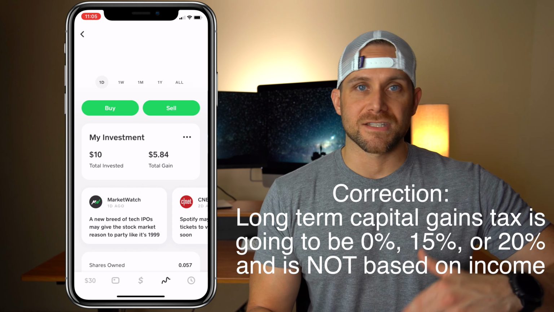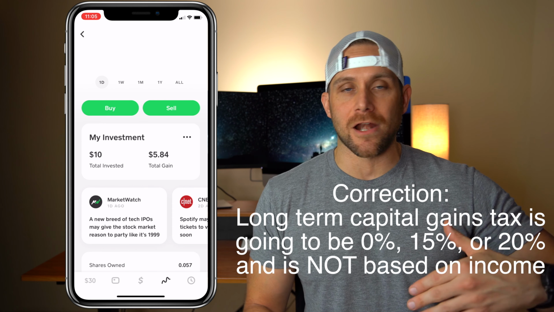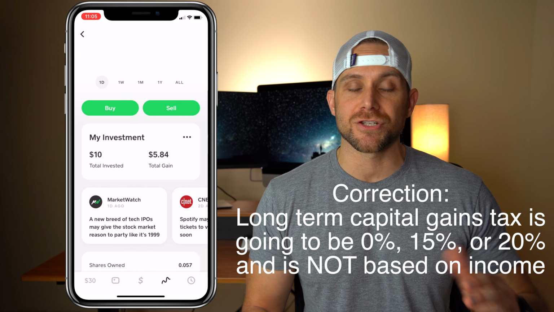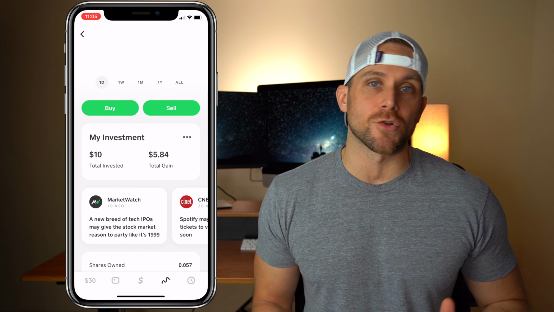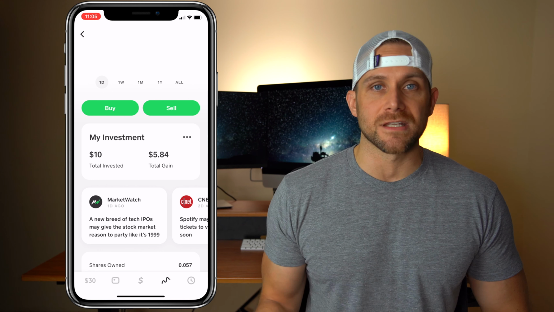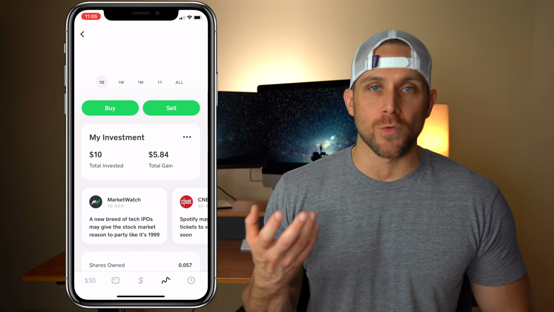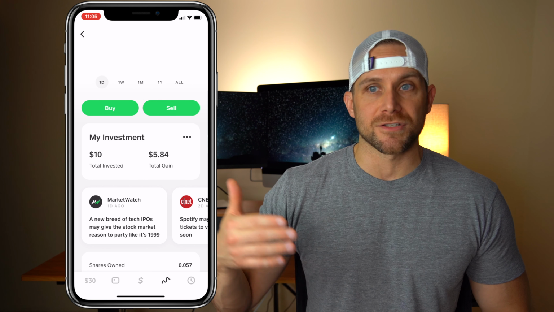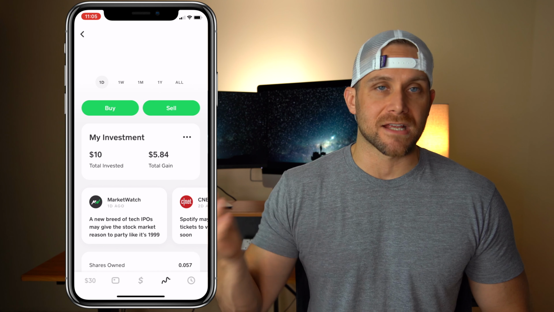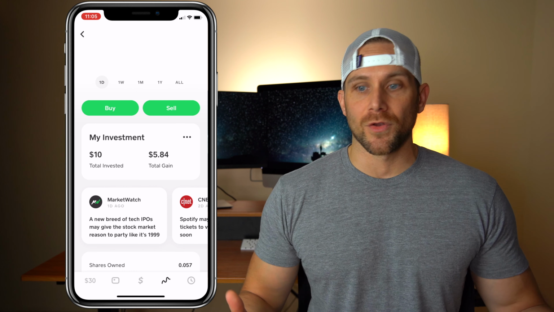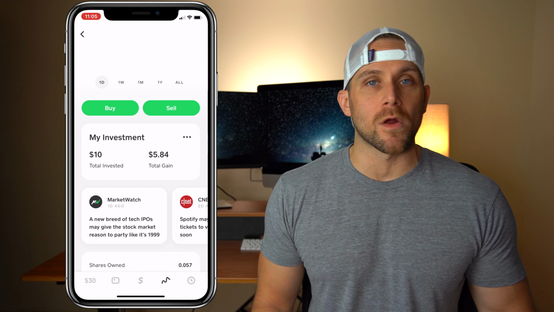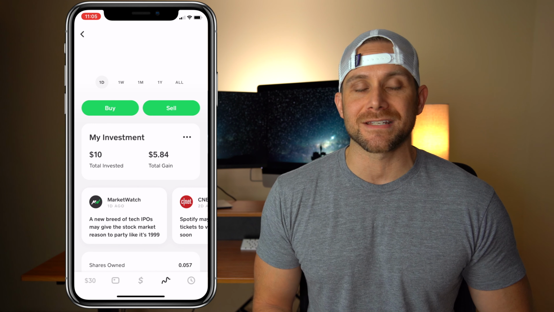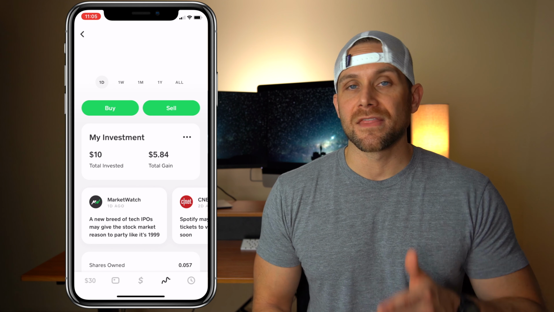Because it's long-term capital gains, it doesn't matter how long above that year; the rate won't necessarily change. The only reason it'll change is based on your taxable income, which is going to be different, and it's usually more beneficial to hold that stock above 12 months. That way you can get charged the long-term capital gains tax as opposed to the short-term. So you could hold a stock for 5 years, 10 years, 20 years, 30 years. You would still pay the long-term capital gains tax as long as it was above that 12 months.